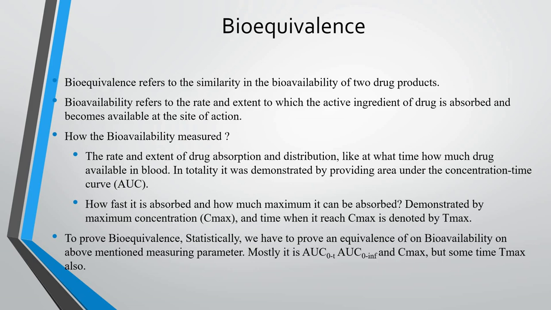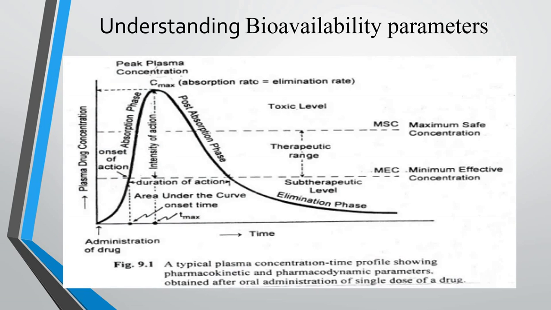For Tmax, there is another principle why. Now let's look at these demonstrated visuals, where I'm using a pointer. This is the time when the drug is administered, and the concentration is absolute zero at this time. Now time progresses, and at a certain frequency you are measuring the concentration.